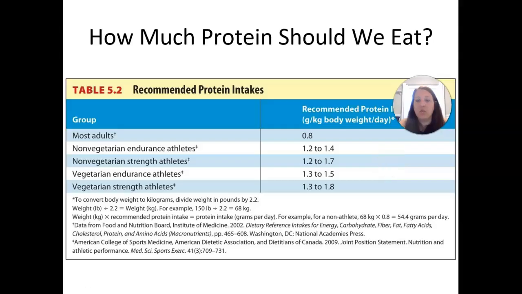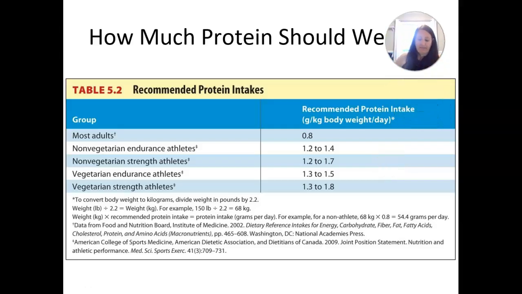Okay. So what about if you are an athlete? So this table here, you want to make sure that you refer to this. There's going to be some questions about this. So again, most adults fall into 0.8 grams per kilogram of body weight per day.